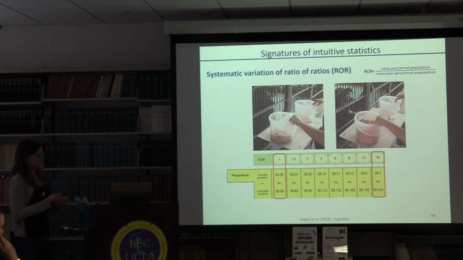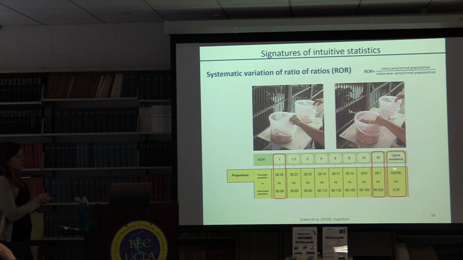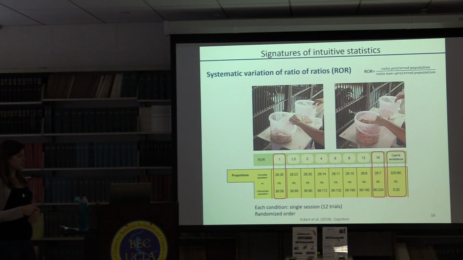And so to address this alternative way to solve the task, I added a control condition which I called the carrot avoidance control, in which the more favorable population contained 4 times as many carrot pieces as the other one. And the ratio of ratio in this condition was kept at 16. Each condition was tested in a single session, and the order of conditions was randomized for each subject.